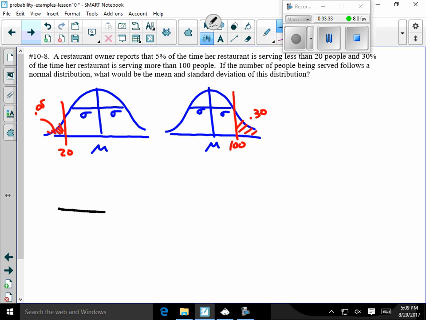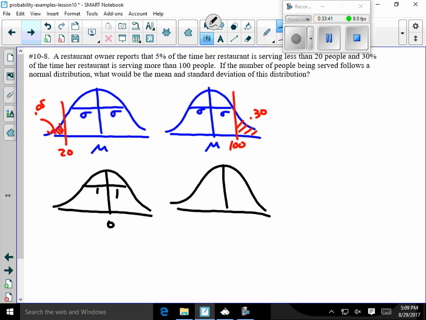But to force me to have a mean and standard deviation, what I can do is use the standardized version of these curves, right? I have a standardized version with a mean of 0 and standard deviation of 1. And I can use those same values, but now I'll have a matching z-score for this. Same thing here. I'll have some place which has a z-score that has 0.05 below that, right? Okay, so let's work on each of these.